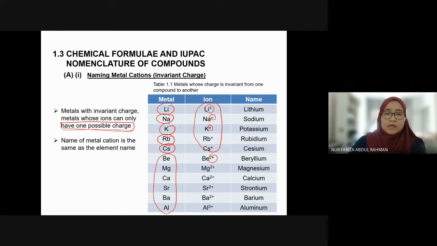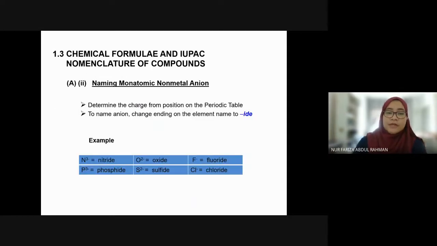The name of the metal cation is the same as the element name, so we don't have to change anything to the name of the cation. Only for the anion.